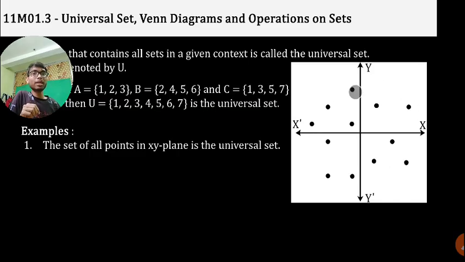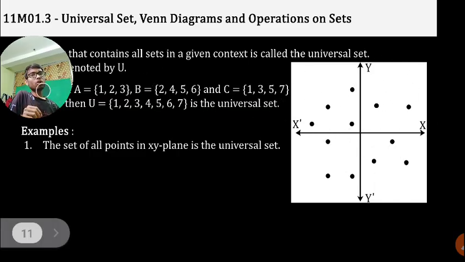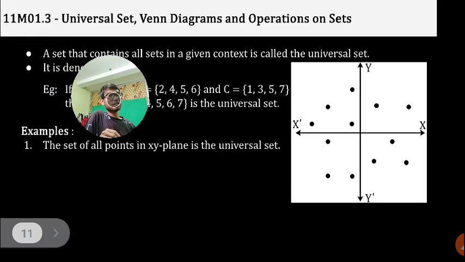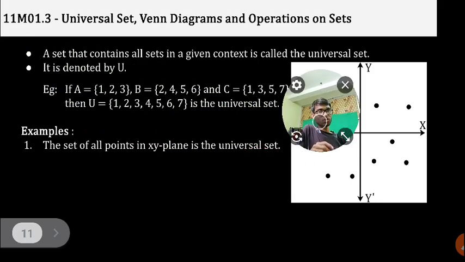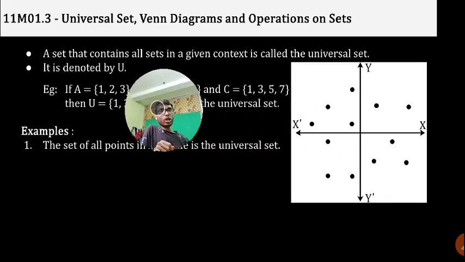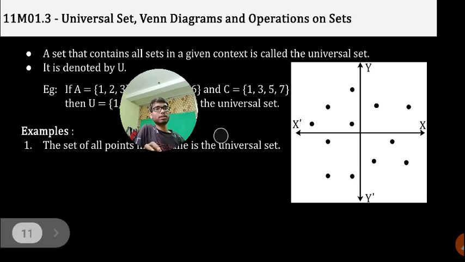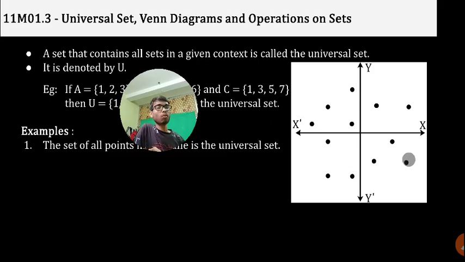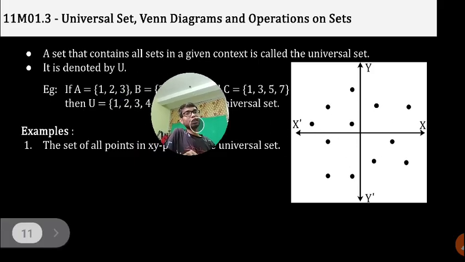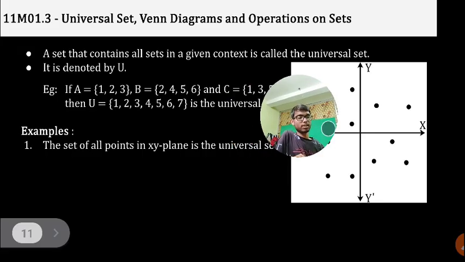But on this plane we have all these elements, so all these elements will be universal. This was a visualization of a universal set: a collection of all points on a plane is a universal set.